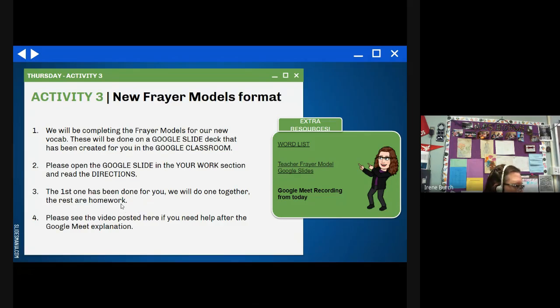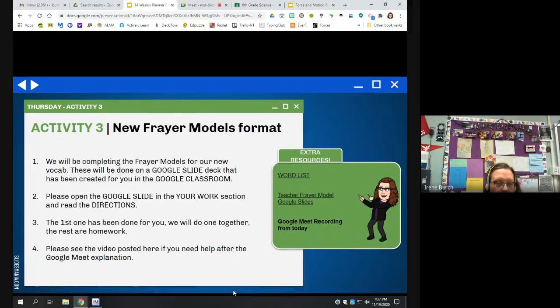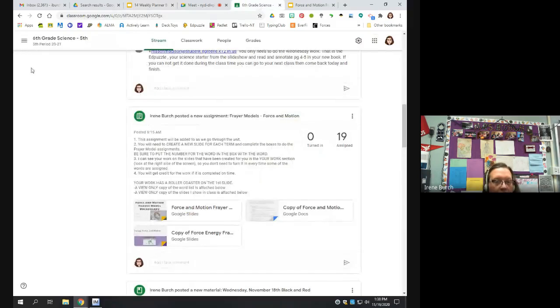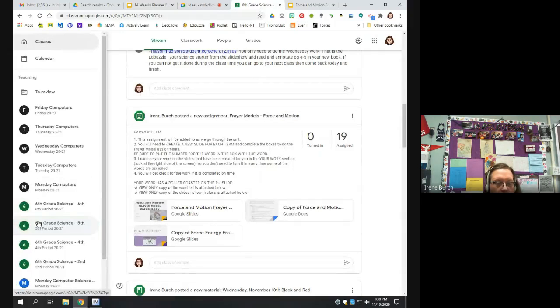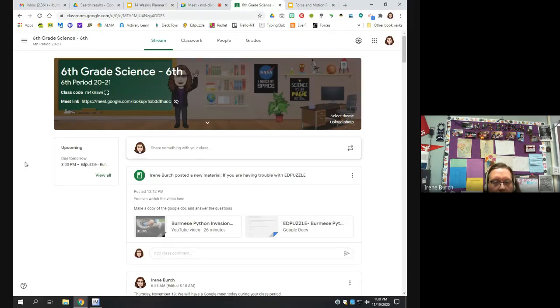We're going to do one together, and then you guys will work on the other 3, because today's homework assignment is to do Frayer model terms 3, 4, and 5. So if you don't have Google Classroom open in another tab, go ahead and open that up. Go to the 6th period site.